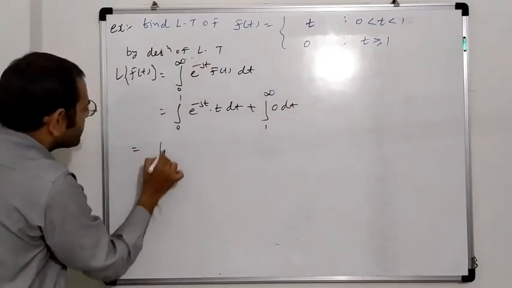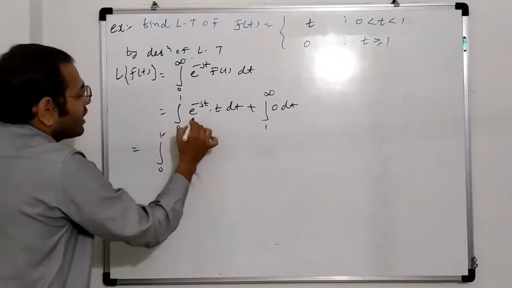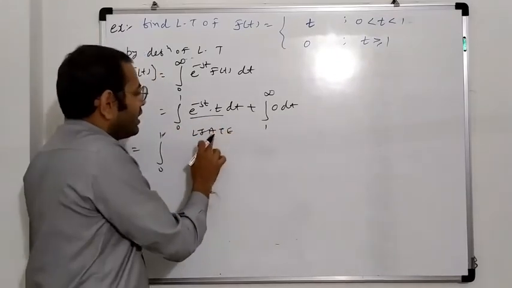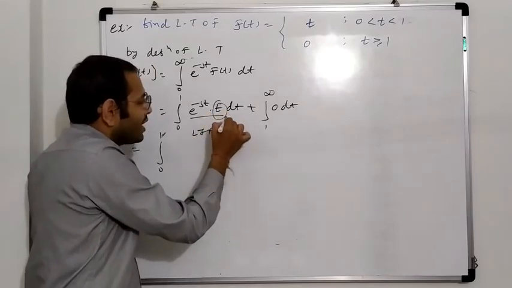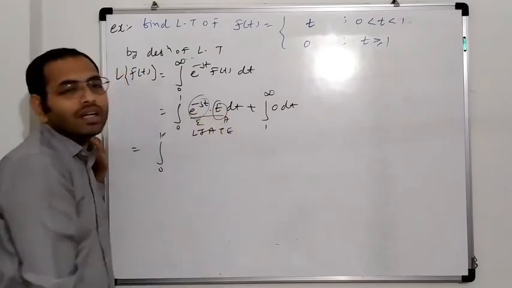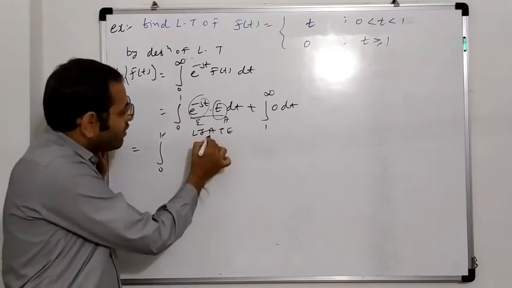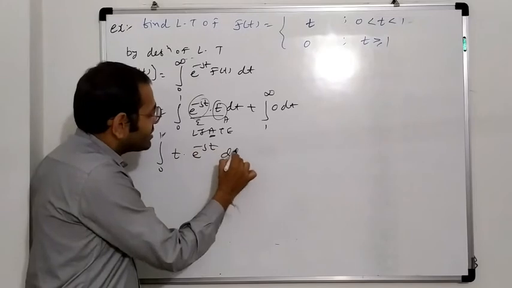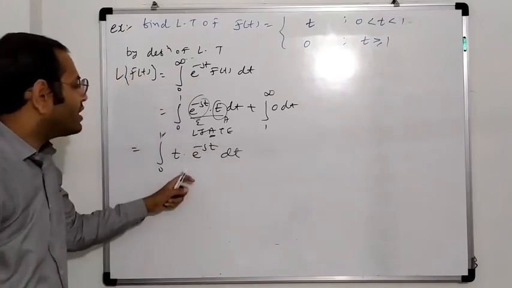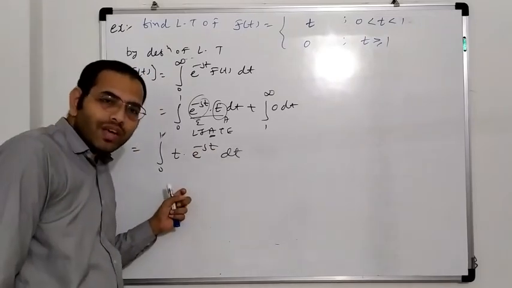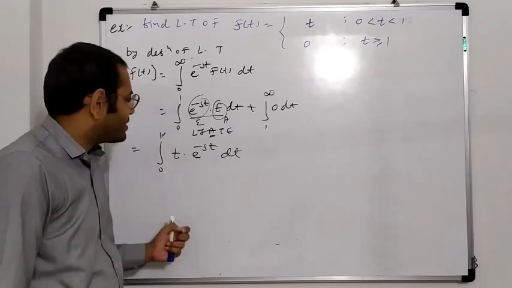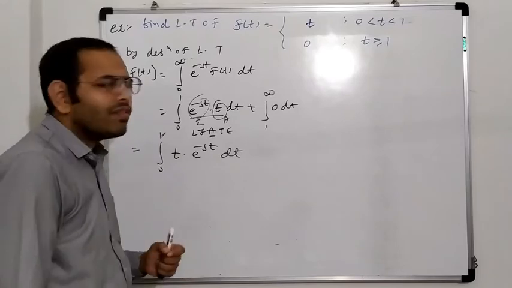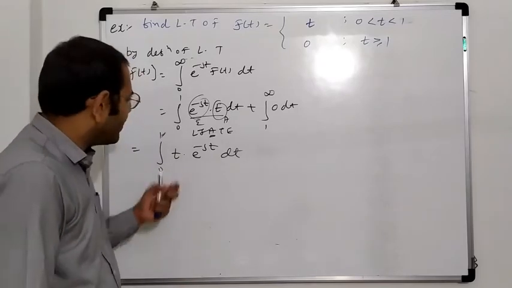Then according to this formula, with the help of LIATE, that is the algebraic term and that is the exponential term. According to LIATE, we first write the algebraic term, so t into e raised to minus st dt. Then with the help of Bernoulli's formula or integrating by parts, you can choose either for solving this.